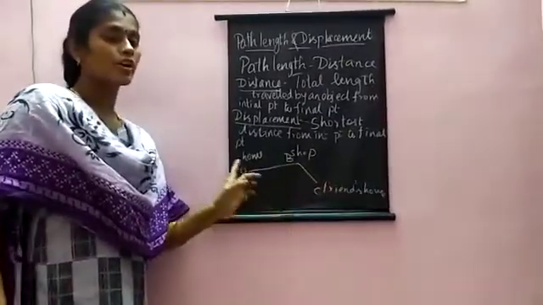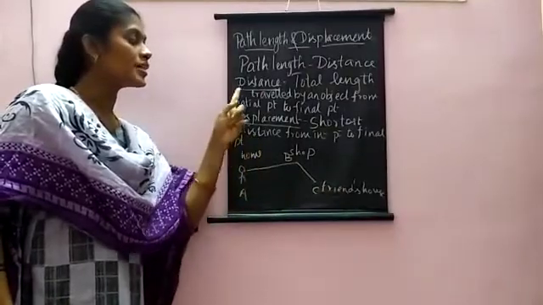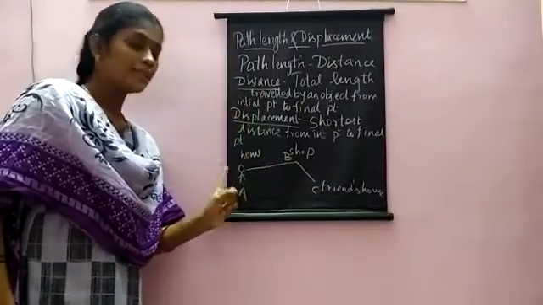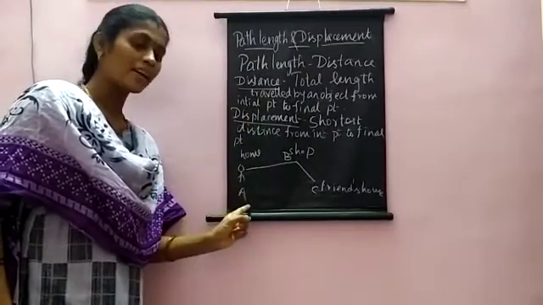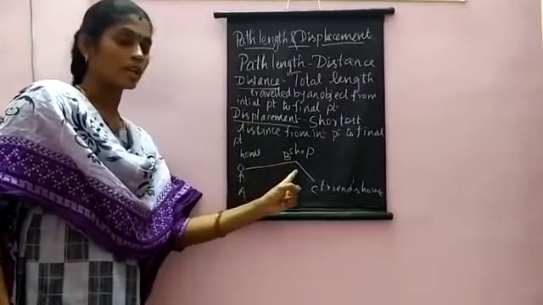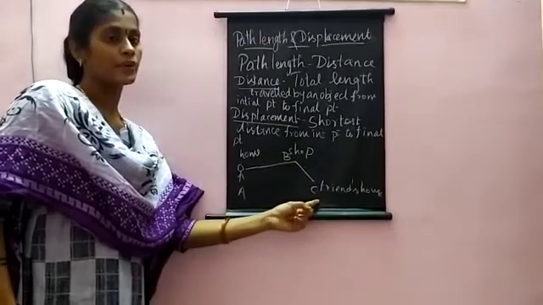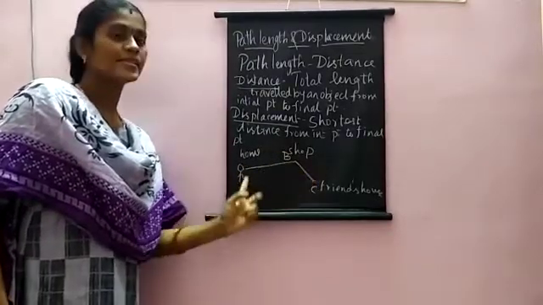Now we are going to calculate the distance he travelled. He started from point A, then reached point B, then finally reached point C. What is the total distance he covered?